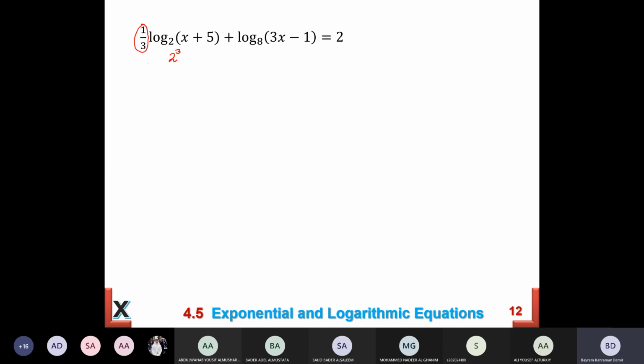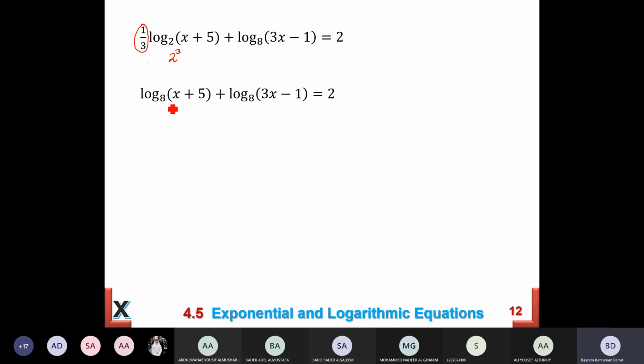All right. So it becomes a logarithm with base 8, right? So therefore, Shabab, we can just write it again. Logarithm of base 8, x plus 5, and plus logarithm 3x minus 1 with base 8 equals 2.